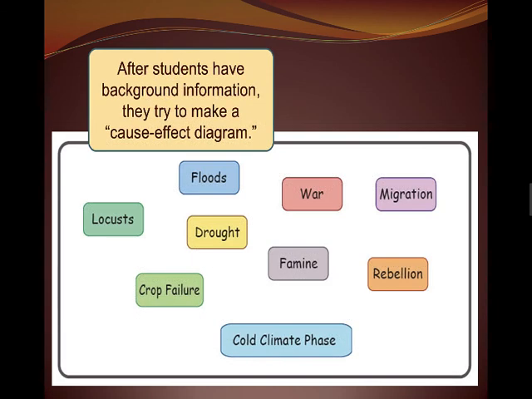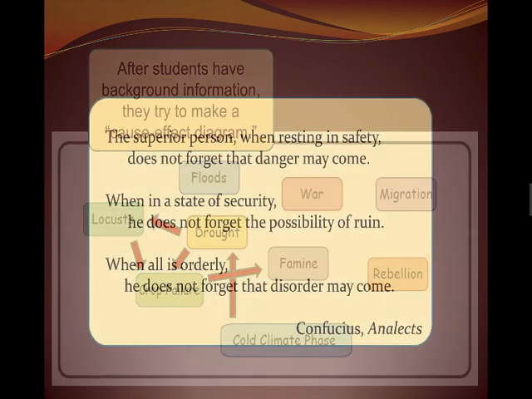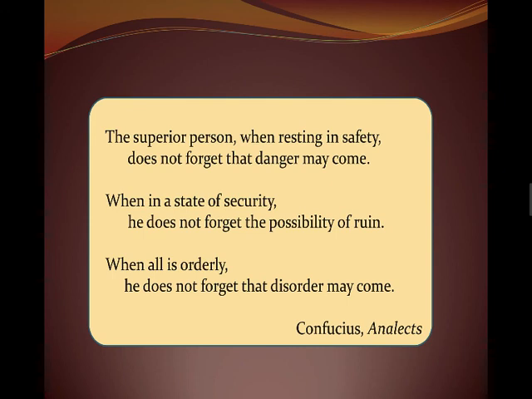And they can do a cause and effect diagram where they link the cold climate phase with drought, which in turn allows locusts, which leads to crop failure, which leads to famine. In other words, we're setting up a climatic reason for a series of problems.